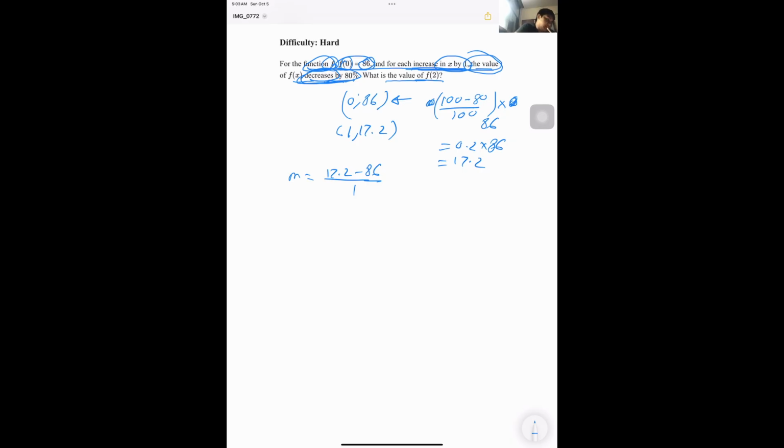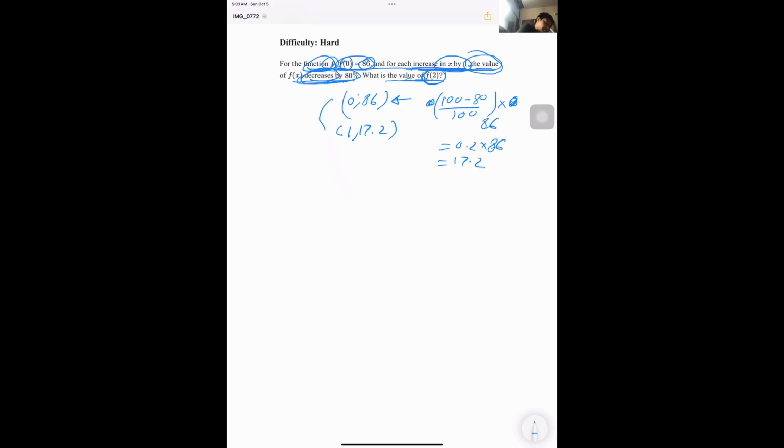Okay, this is actually an exponential question. So what they've asked is, what is the value of f(2)? They've asked us for the value of f(2). So this became that.